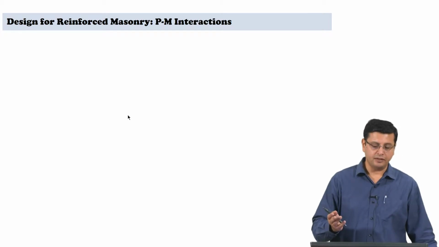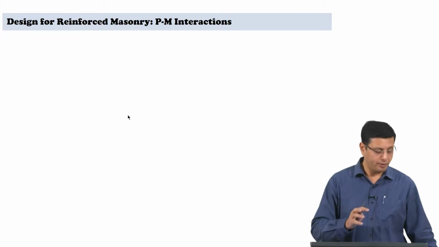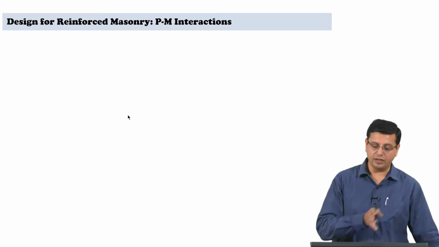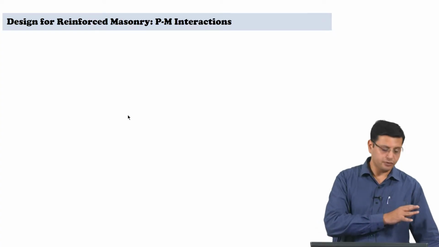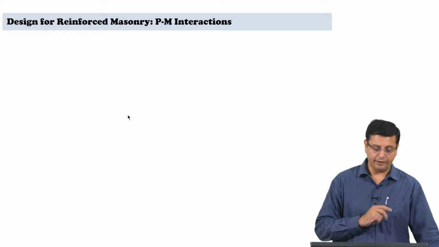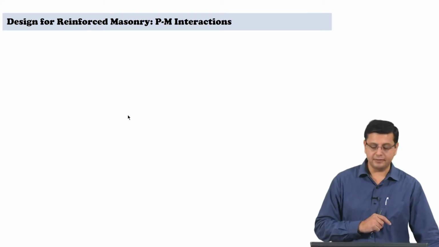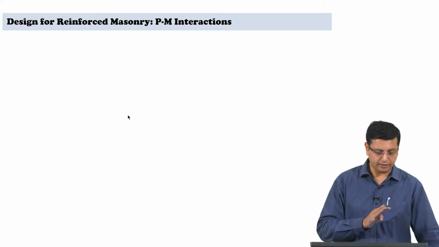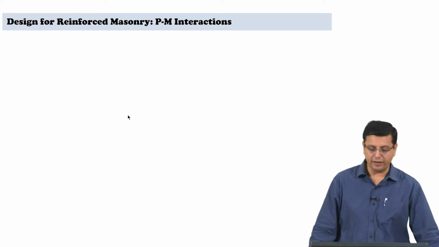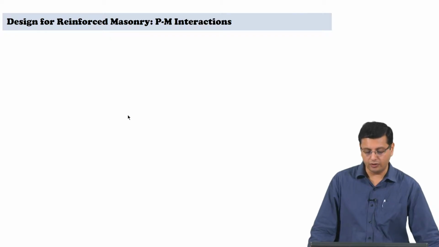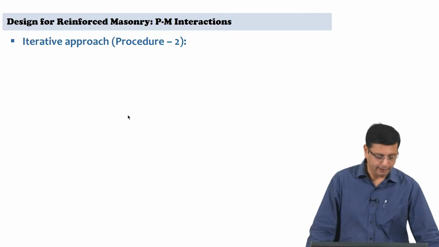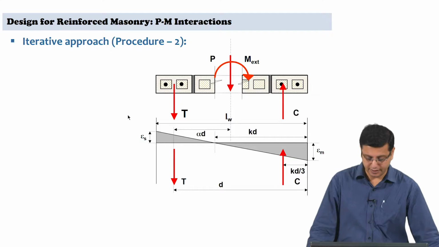If the design moment is less than the moment that the section can carry for the amount of steel that you have started with, and if you are in that region itself, then it completes the design process. So the second method is a little different from the first method, but they come from the same requirements of identifying which regions you fall into as far as the PM interaction curve is concerned.